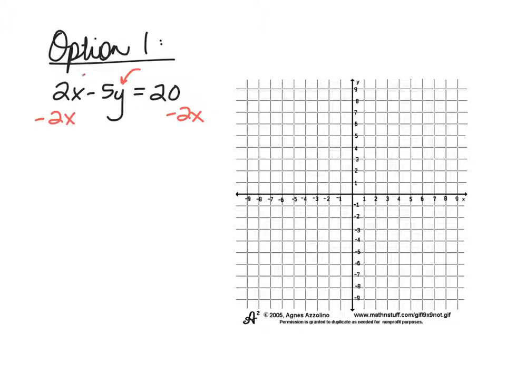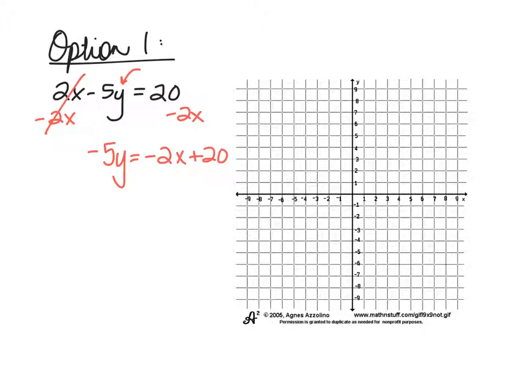Now, a few things. I want you to notice that right here where I'm writing this minus 2x, I offset it from the 20 because I can't do 20 minus 2x because one has an x and one doesn't. So I need to remember that those are going to end up just being separate pieces. So when I write what I have left, I currently have -5y equals -2x plus 20.